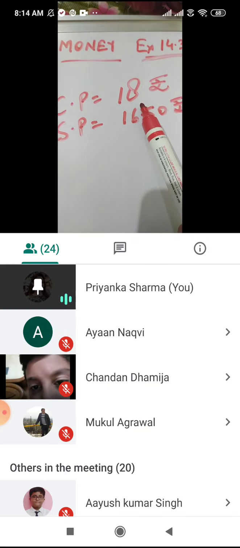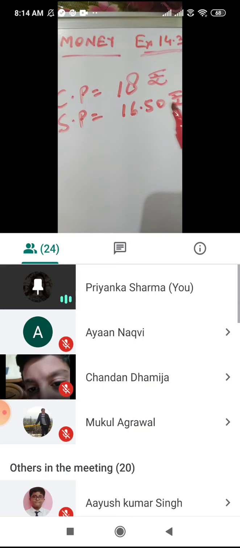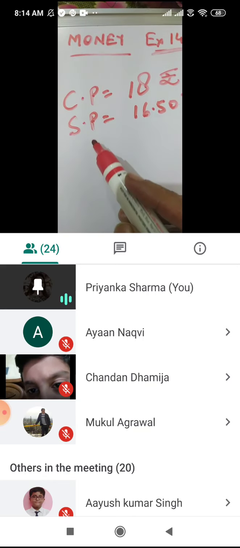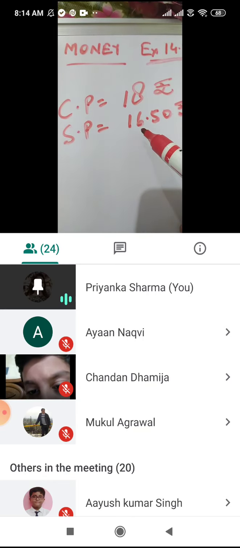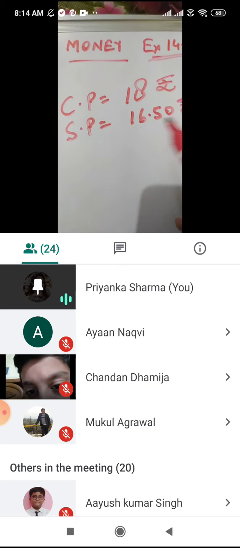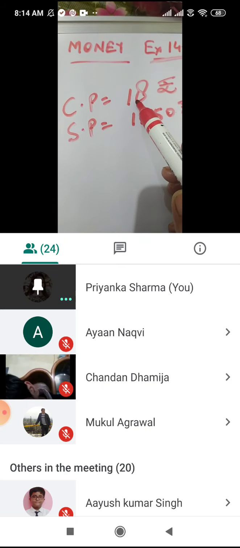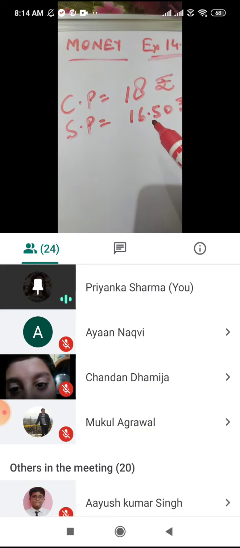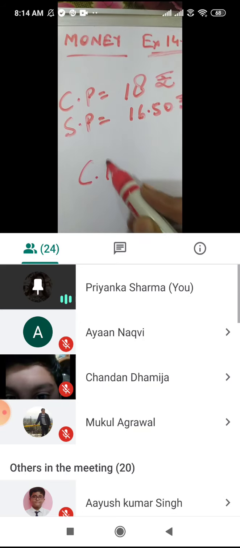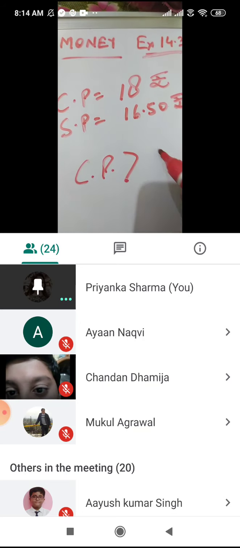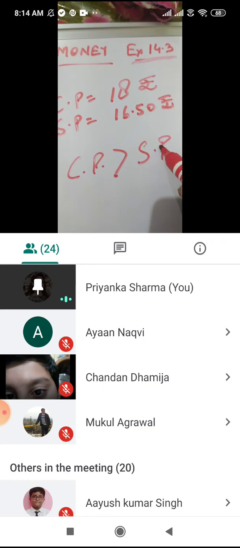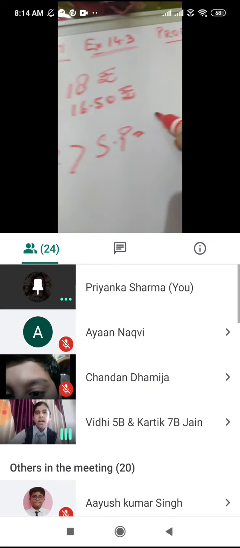So CP is 18. SP is 16.5. Here we can see by looking at the question what is bigger and what is smaller. Cost price is bigger and selling price is smaller. So when cost price is greater than the selling price, we suffer loss.